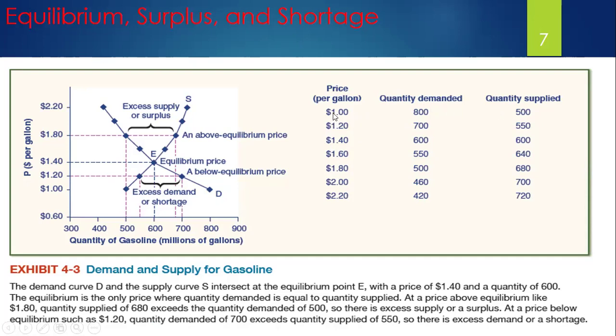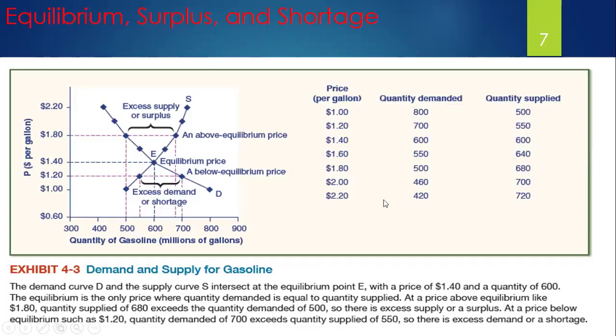The higher price, $2.20, got the highest quantity supplied, while the lowest price got the lowest quantity supplied. At $1.40, it also got 600 units.